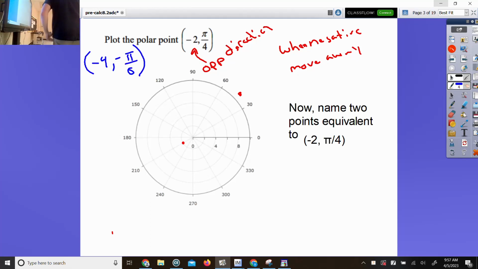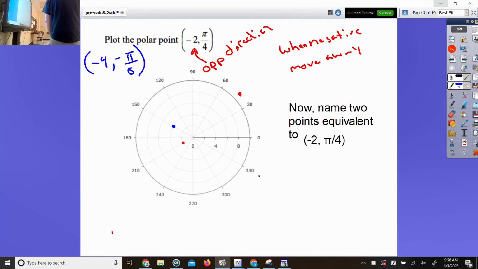How many degrees is negative pi over 6? Negative 30, that puts you on that angle right there. And instead of moving 4 units towards, move 4 units back. That's all there is to it.